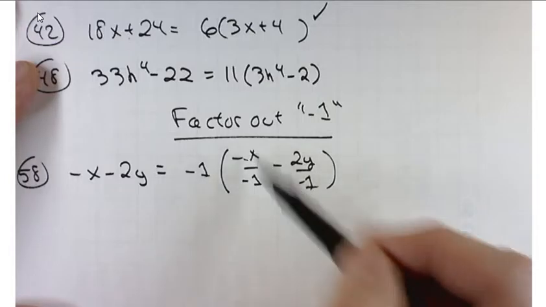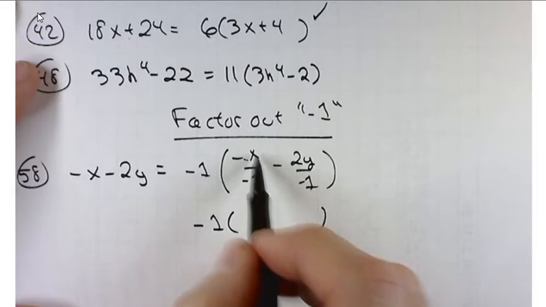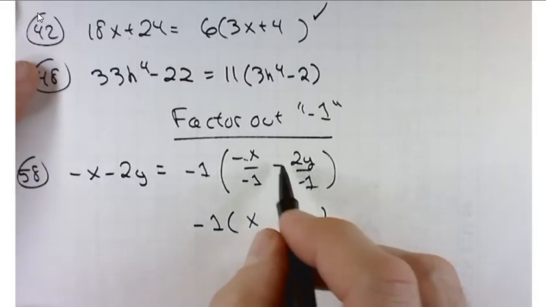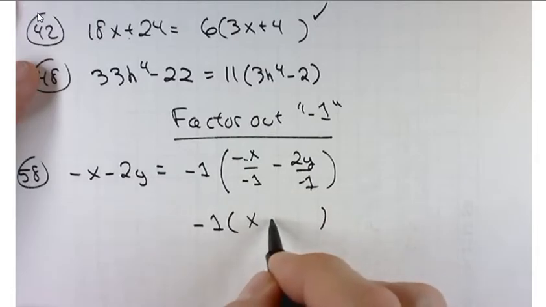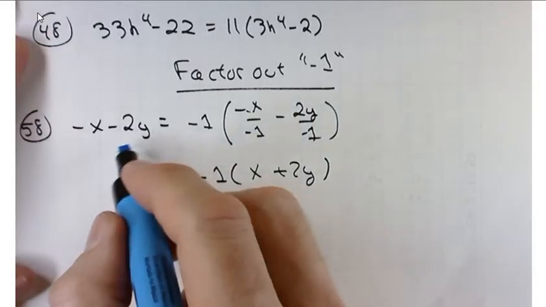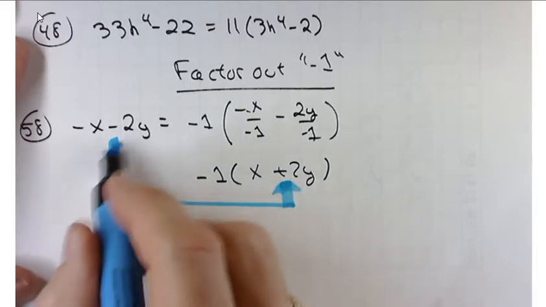But let's simplify what's in here. What's -x divided by -1? x. -2y divided by -1? Positive 2y.